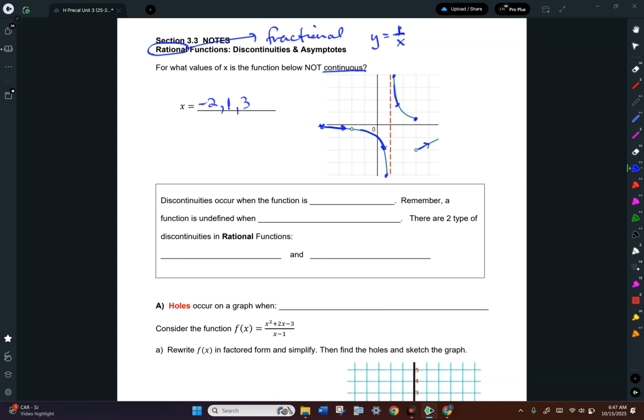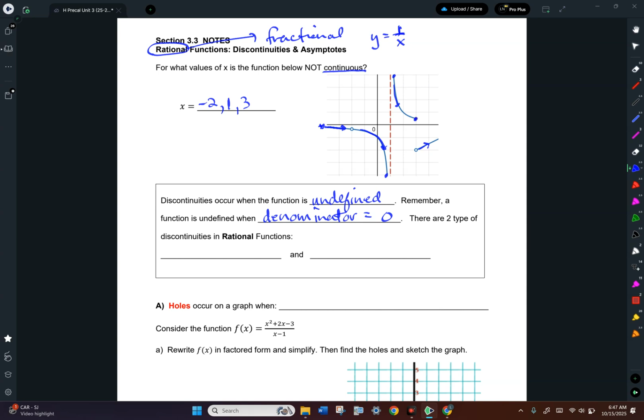So discontinuities occur when the function is undefined. In other words, when the equation is undefined. Remember, a function's undefined when the denominator equals 0.